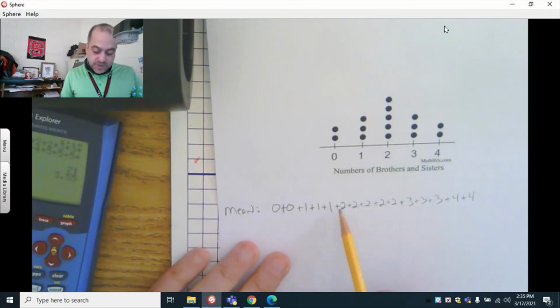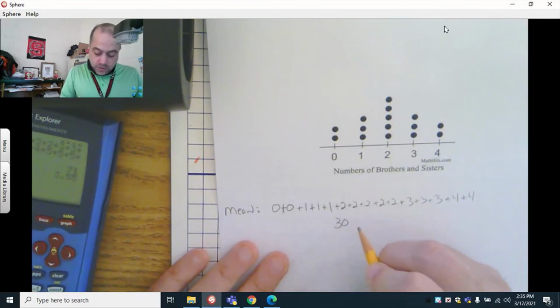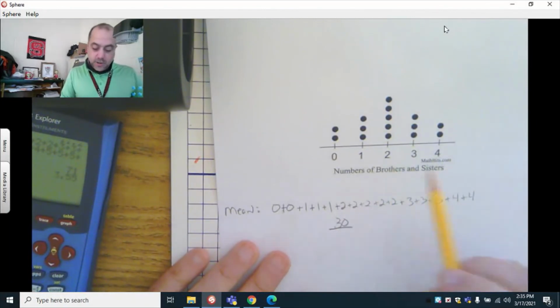1, 2, 3, 5, 7, 9, 11, 13, 16, 19, 22, 26, 30. 30 divided by, how many numbers are there? 2, and there's 5, and there's 10, and there's 15. There's 15 numbers, right?